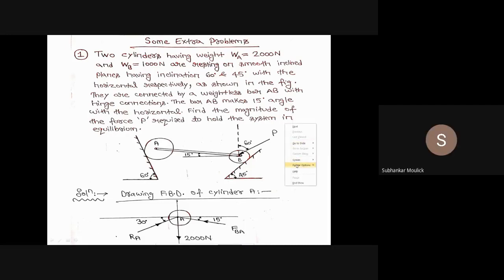Fine. Okay. So let us draw that reaction force which the inclined plane gives to cylinder A. This inclined plane will give a reaction force RA in this direction.